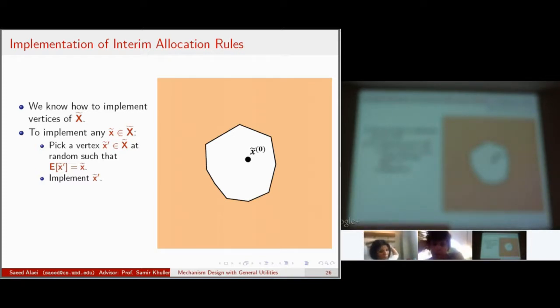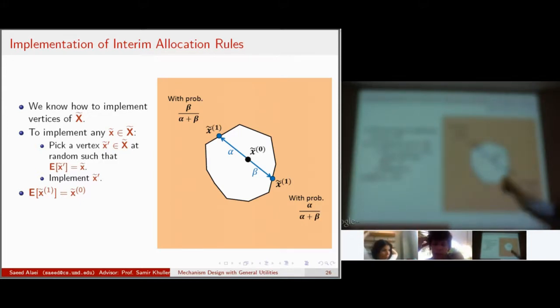We basically round this point to a vertex such that in expectation we get this point. So pick any direction. Let's say this distance is alpha and this distance is beta. At the first iteration of the rounding, we pick one of these 2 points, which I call x1, at random with these probabilities. And you can see that in expectation, you get your original point.